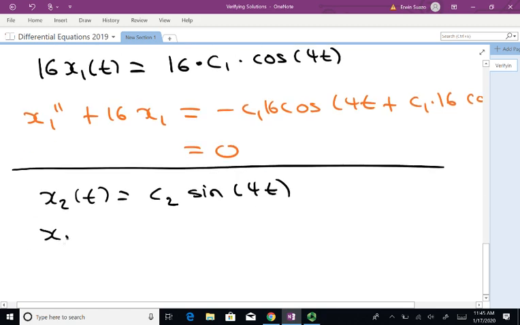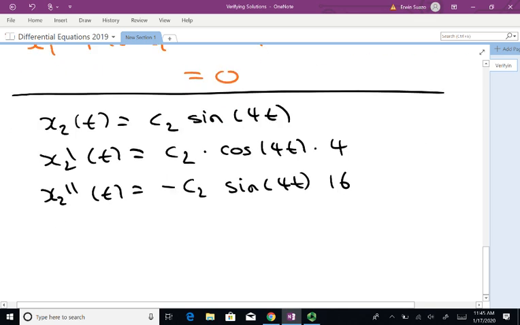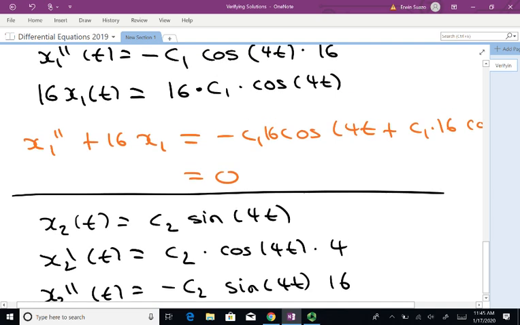So I do the first derivative. What is it? c2 times cosine 4t times 4. And then the second derivative is gonna be negative c2 sine of 4t times 16.